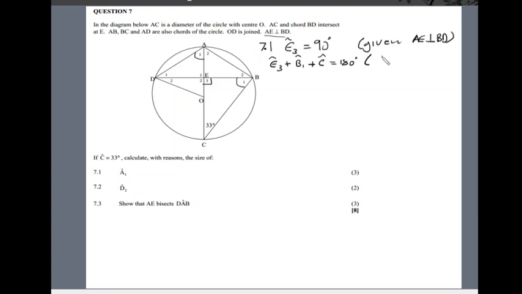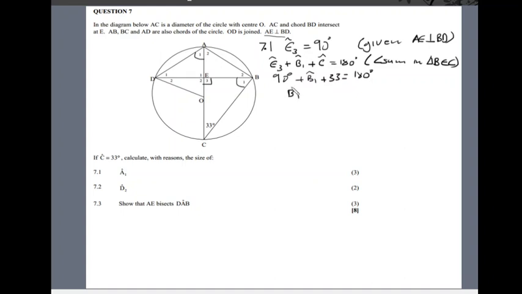The reason is angle sum in triangle BEC. Okay, and then E3 is 90, B1 is what we want to calculate, C is 33 degrees, that's equals to 180, right?